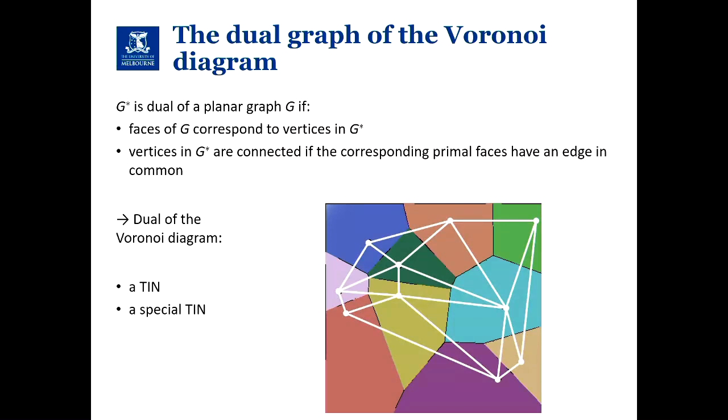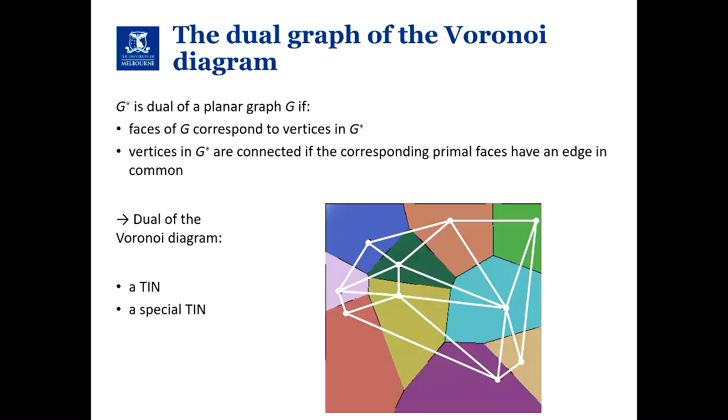I will get something which is called the dual graph of these points. And it's actually a triangulation. Each cell corresponds to a vertex in a dual graph, and these vertices are connected if, in our original cell, they share a boundary, they share one simplex.